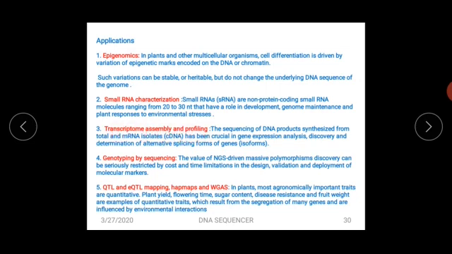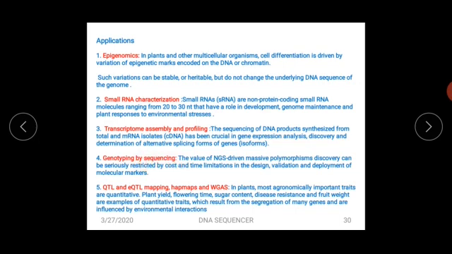Transcriptome assembly and profiling: the DNA sequence that has been synthesized, or the mRNA isolate, is crucial in gene expression analysis, and the discovery or determination of splicing forms of genes can be understood by DNA sequencing. Next is genotyping by sequencing.